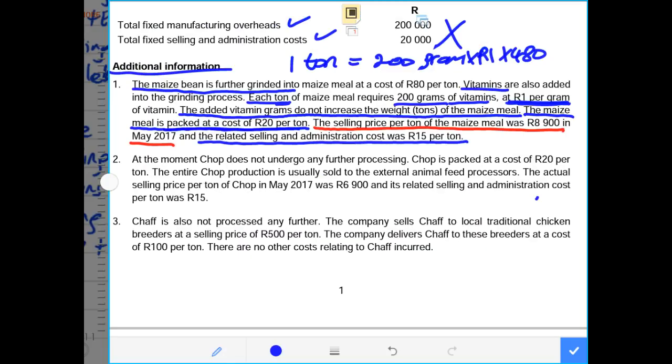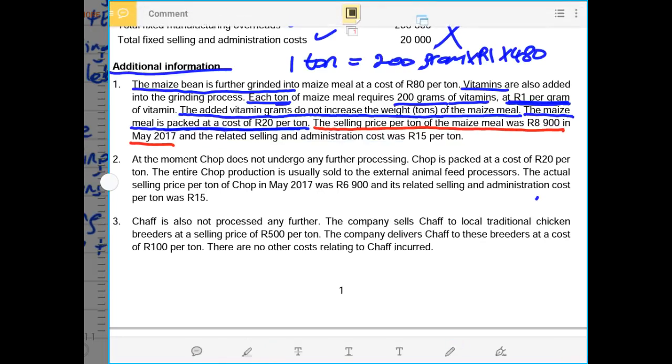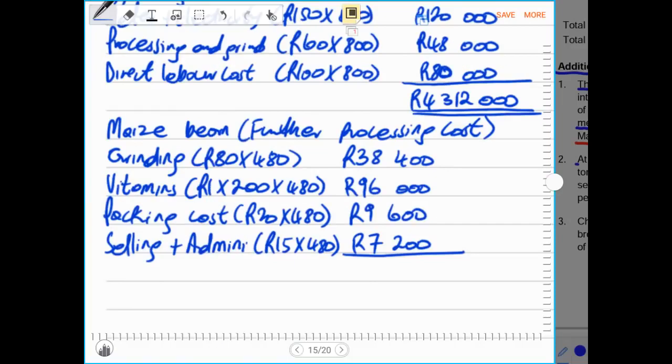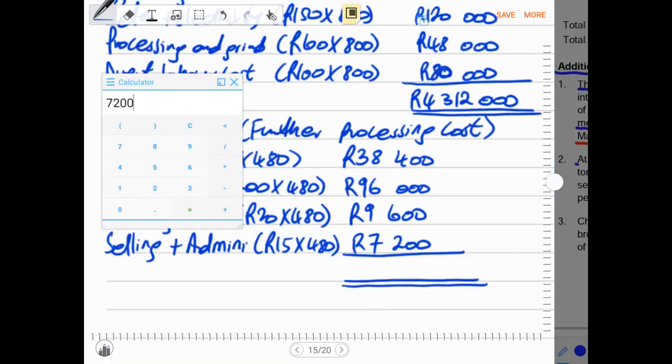I think this paragraph is complete from this stage. The next paragraph says, at the moment, chop does not undergo any further processing. So now we are under the product chop, but I want to complete the maize bean first. The further processing cost of the maize bean will be the total of all the costs that I have just calculated.